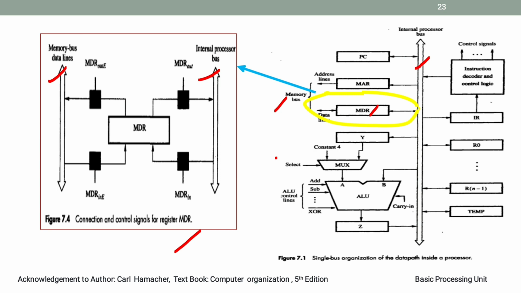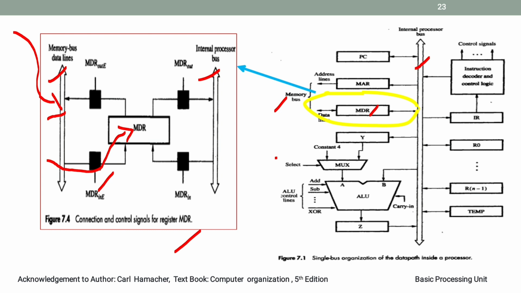Whenever the processor wants to read a word from memory, the memory puts that word onto the data lines of the external bus, that is, the memory bus data lines. To take this into MDR, the MDR in E control signal is sent. Then the data from the memory data lines is copied to MDR.